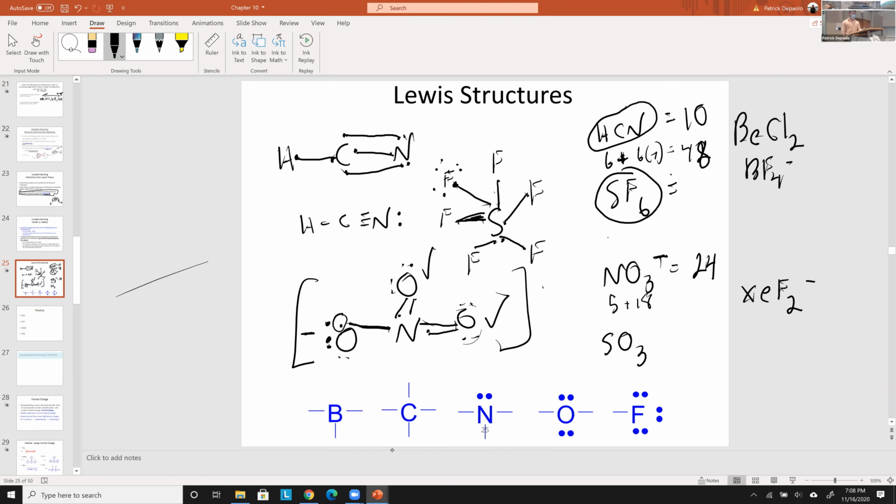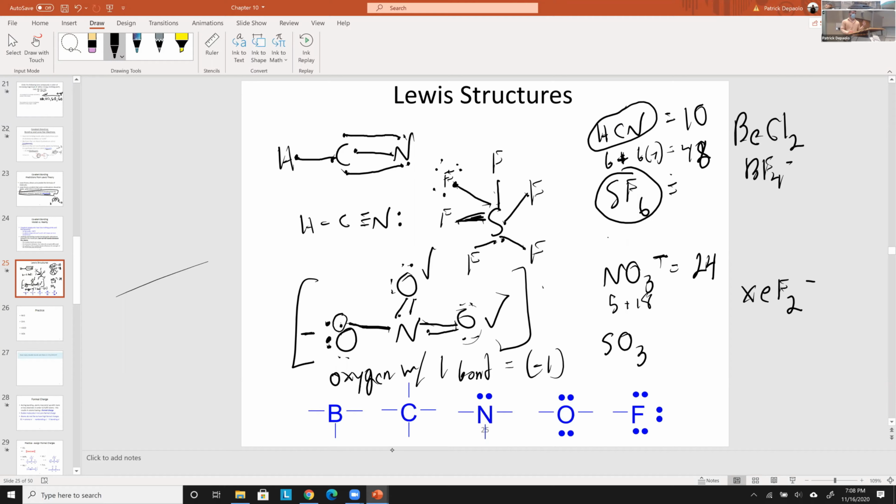But even if we didn't know about that, generally an oxygen with one bond equals a -1 charge, so that's a good thing to know. We know that NO3 minus is a -1 charge.